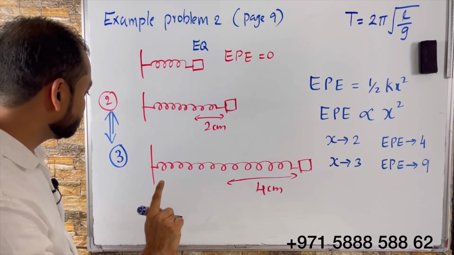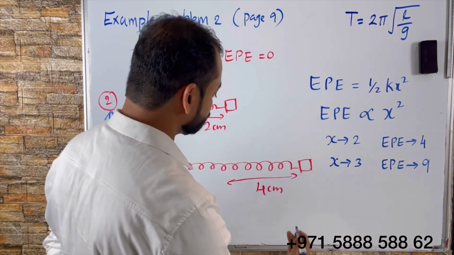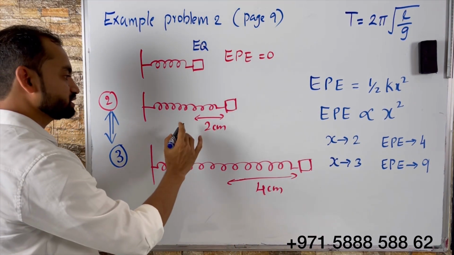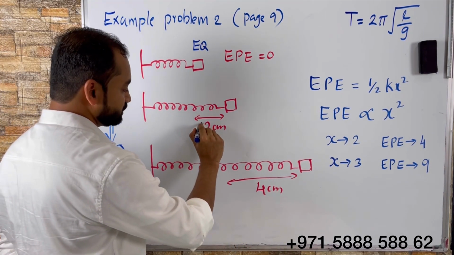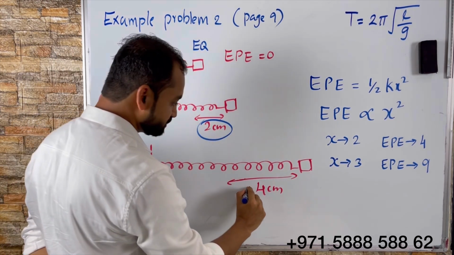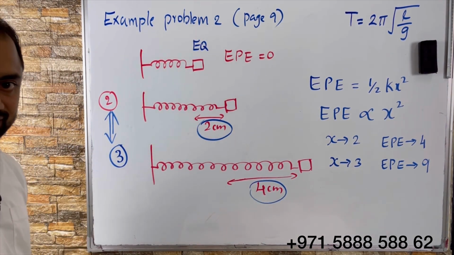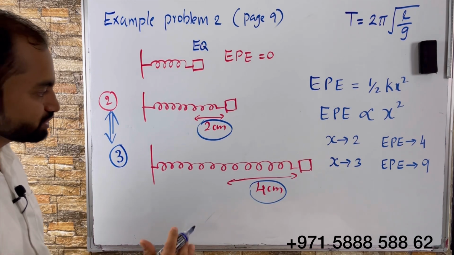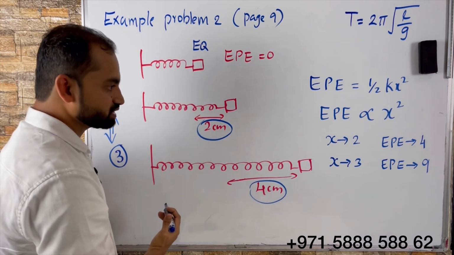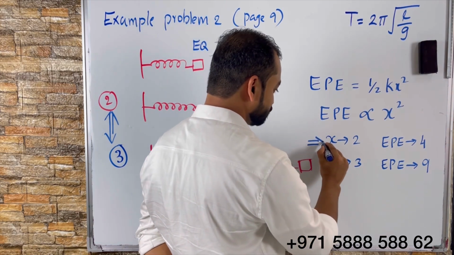Because the increase in length of spring 2 is 2 centimeters and the increase in length of spring 3 is 4 centimeters. This means the increase in length of the third spring is 2 times greater than that of the second spring, so its elastic potential energy will be increased by 4 times.